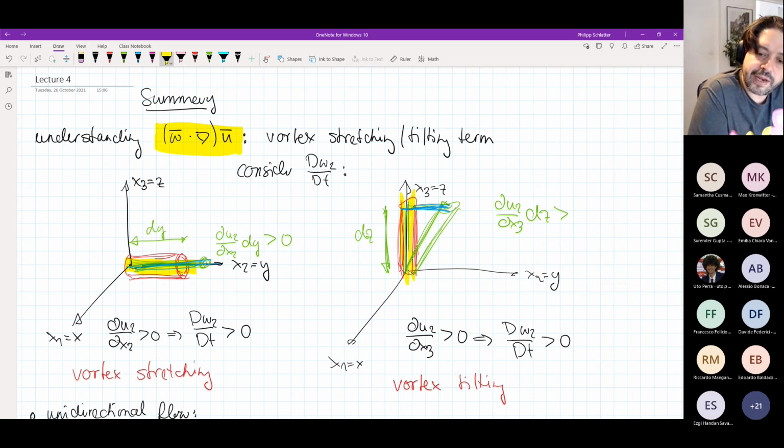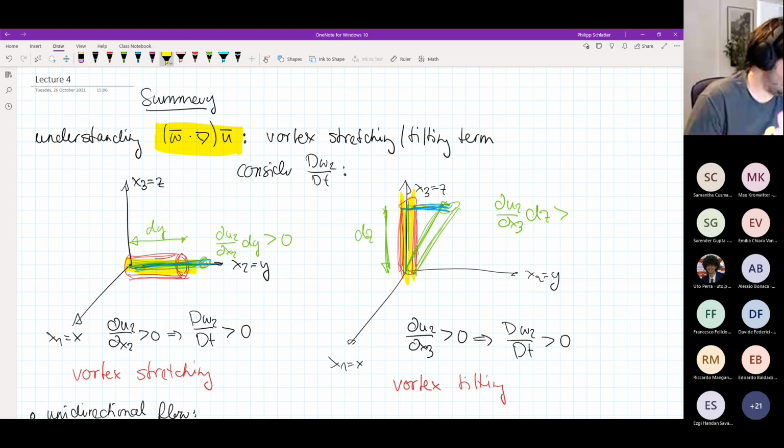Remember, we managed to get rid of the pressure. So the pressure term disappeared from the vorticity transport equation, but this term, omega dot nabla times u, appeared. And we said at the time, well, this is kind of a vorticity source term, which produces or removes vorticity.